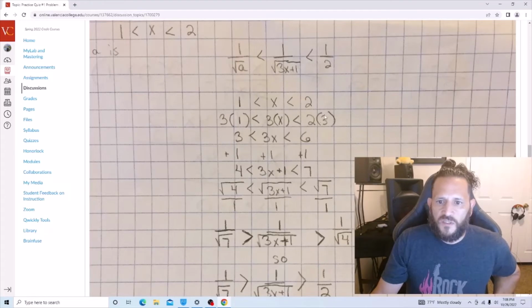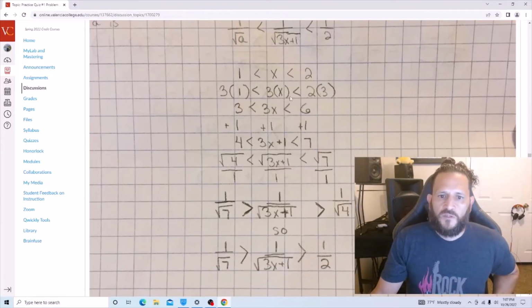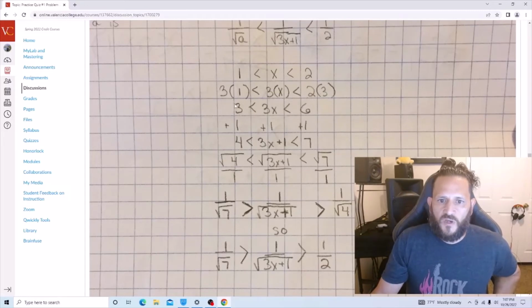You can see where I put a 3 here, here, and here, because we're just multiplying 1, the x, and the 2 by 3. So the answer would be 3 times 1, there's 3, is less than 3 times x, that's 3x, which is less than 2 times 3, that's 6.